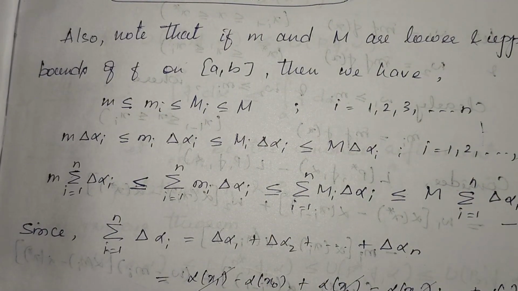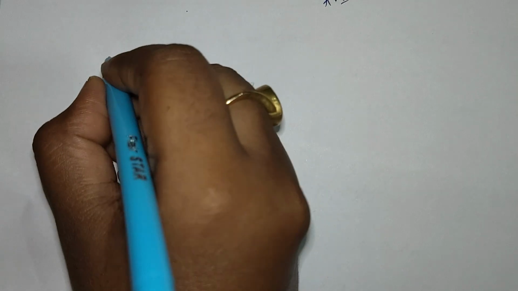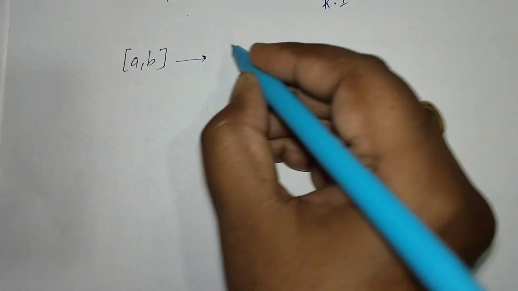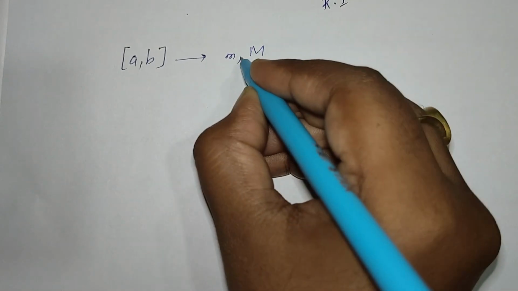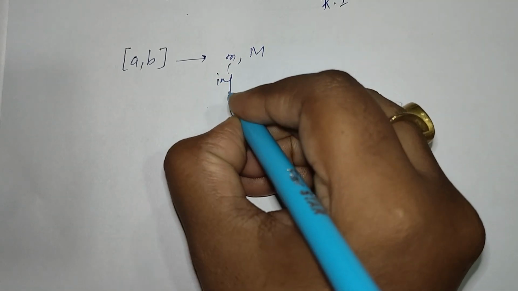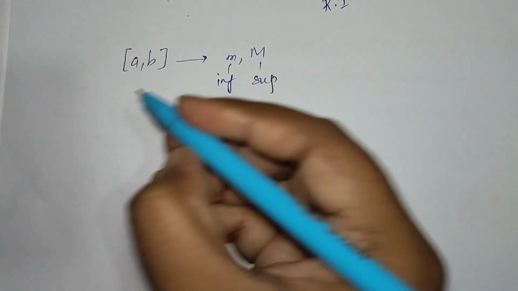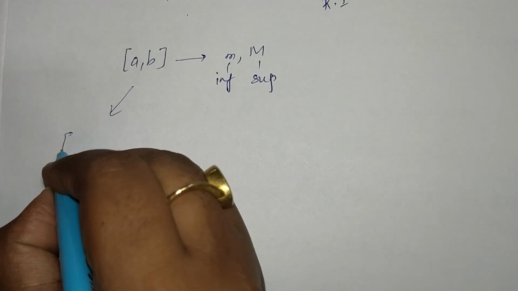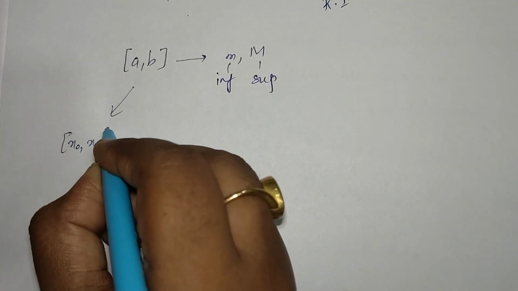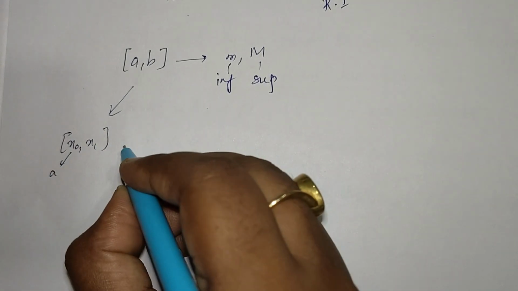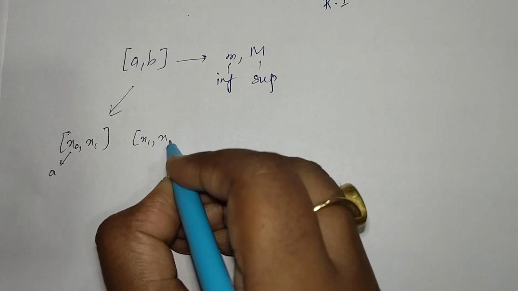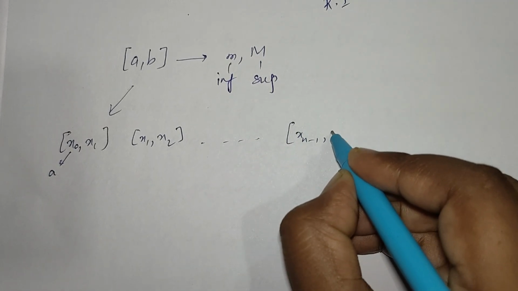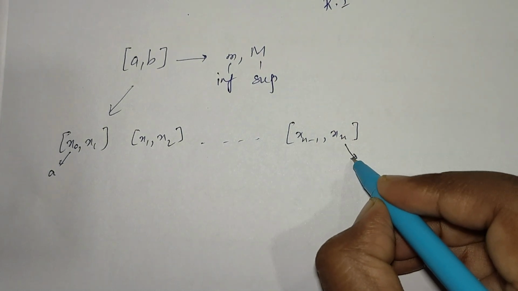See here, if you have [a, b], and for this [a, b], small m and capital M are the infimum and supremum. And now what you are doing, you are dividing this interval. So you are having [x0, x1], this is nothing but a, and [x1, x2], and so on up to [xn minus 1, xn], where this is b.